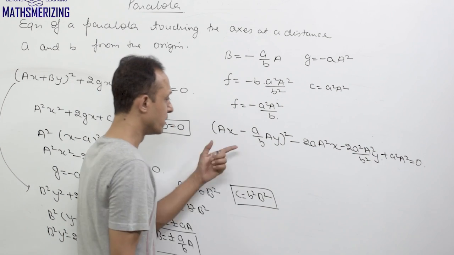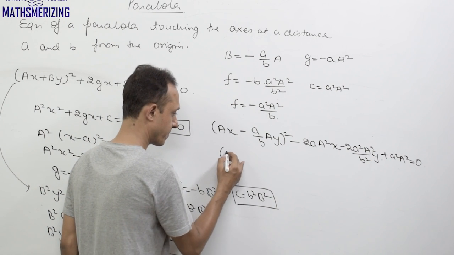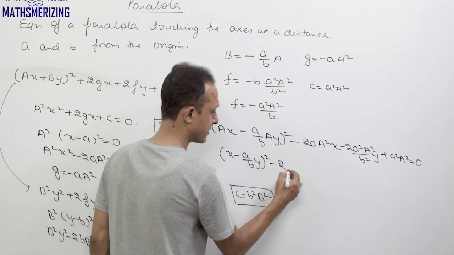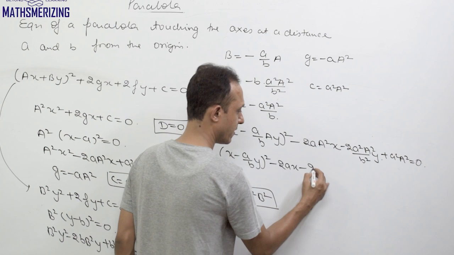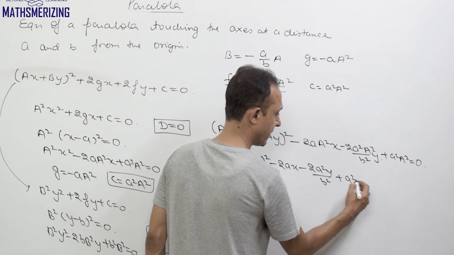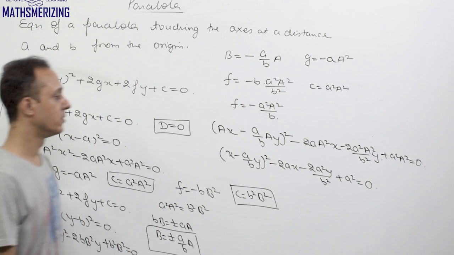Now what I can do is I can take this a square common and I can cancel it from this equation. So I can write this equation as x minus a upon b whole square minus 2ax minus 2a square y upon b plus a square equals 0.